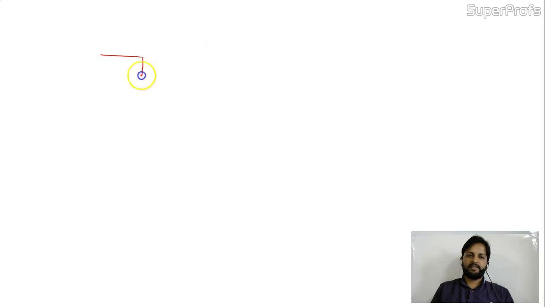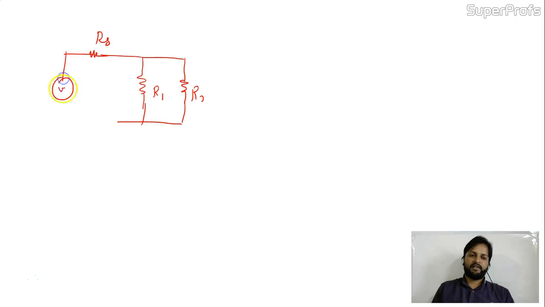In that AC analysis, R1 and R2 became a parallel combination like this. The capacitor was shorted. This was the input resistance RS, and here we had V in. This was the circuit portion.